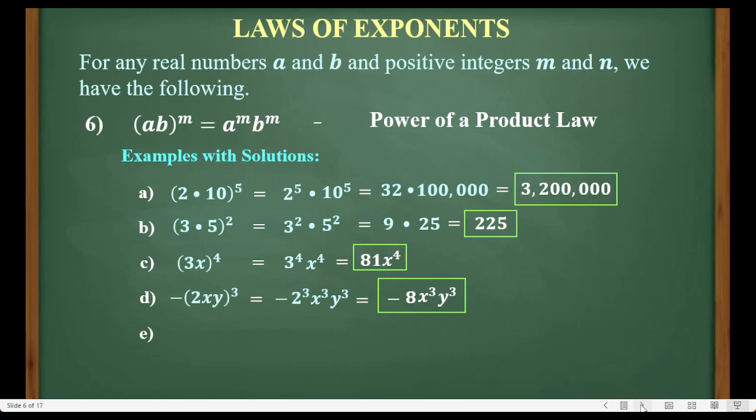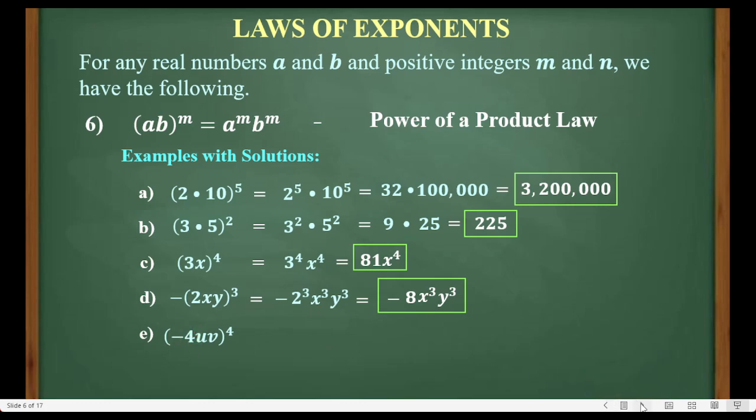Next, letter E. How about this one? Now, unlike in letter D, when it comes to letter E, the negative sign is now inside the parenthesis. It means the negative is also being raised to the fourth power. Okay? Particularly negative 4.